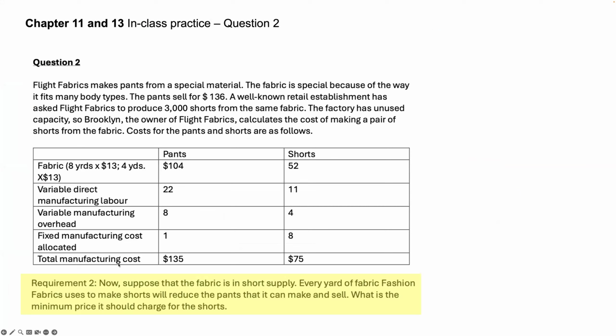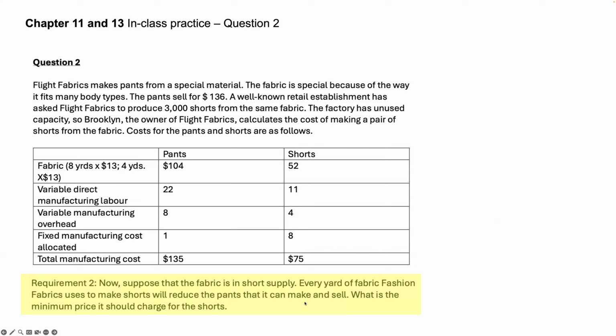So the second question is asking, now suppose the fabric is in short supply, right? So this is the topic touching the constrained resources. You have a limited amount of resources. Every yard of the fashion fabric used to make shorts will reduce the pants that it can make and sell.